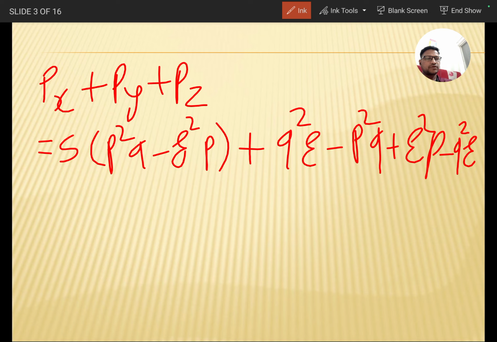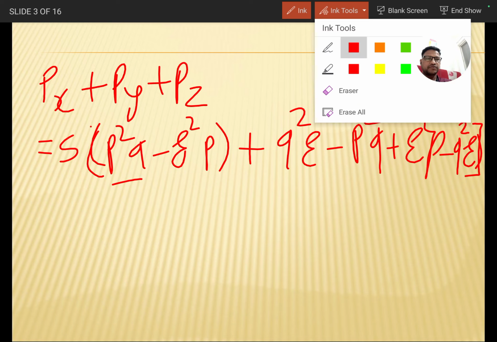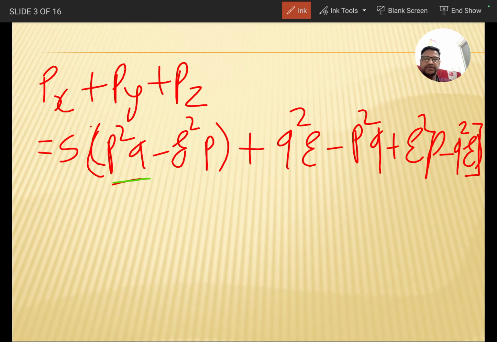Now look at this. Here is p square q, and here is p square q with the opposite sign. This and this whole term cancel. Here is r square p with a plus value and r square p with a minus value, so this plus and this minus cancel out, right?